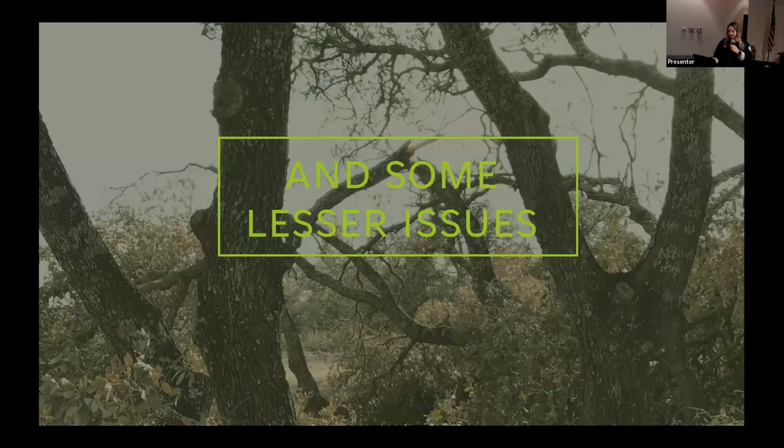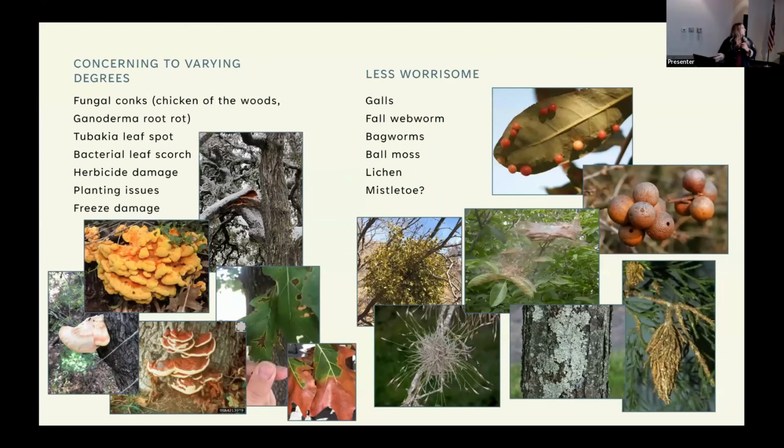Okay, other tree issues and some not really issues. So concerning ones to varying degrees, fungal conks or like shelf fungus are these left 3 pictures. So we have chicken of the woods on the top and left, and then Ganoderma root rot at the bottom there. And so Ganoderma root rot, that is usually at the base of the tree, and it's a big issue.